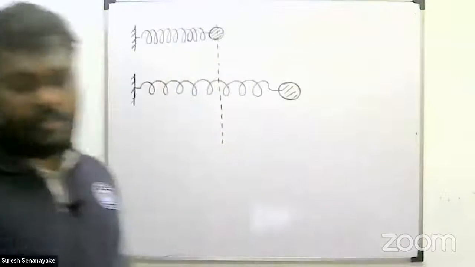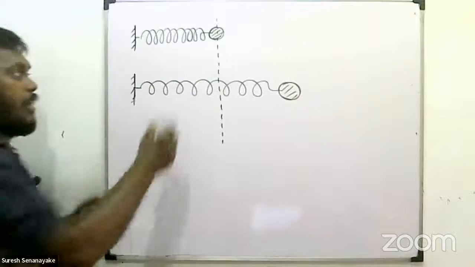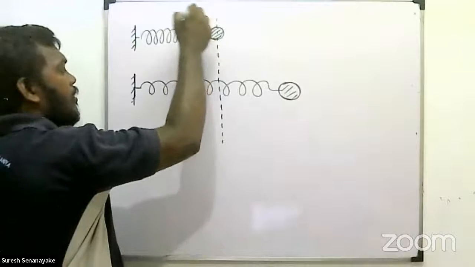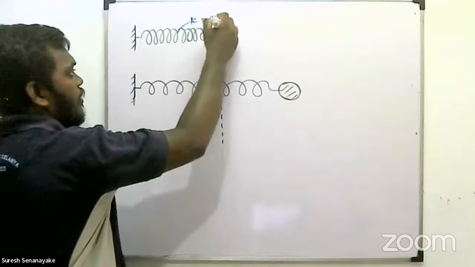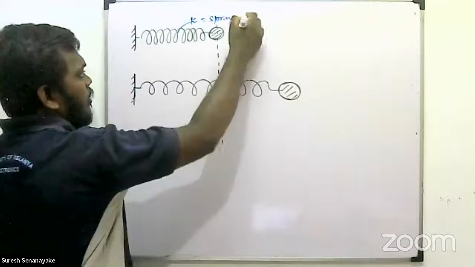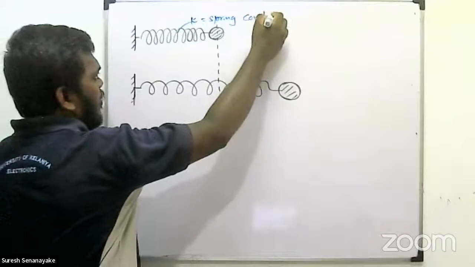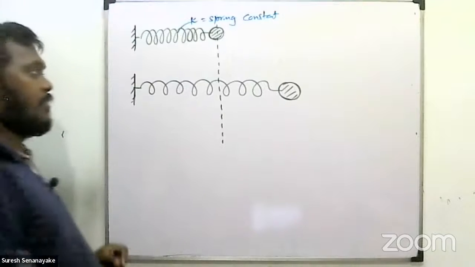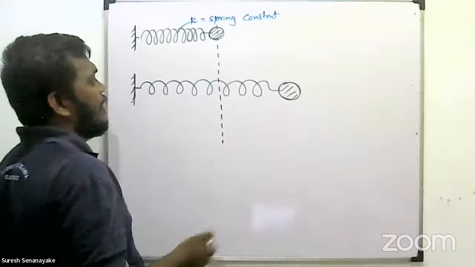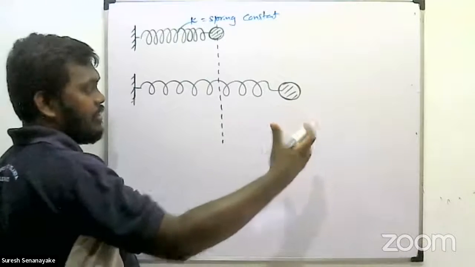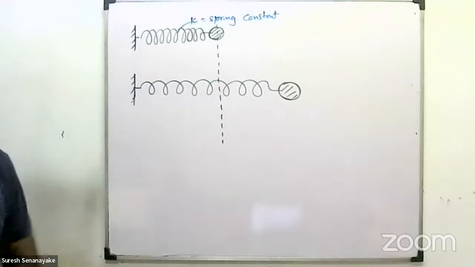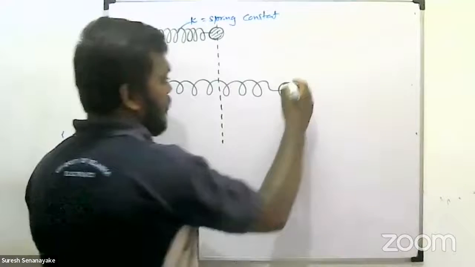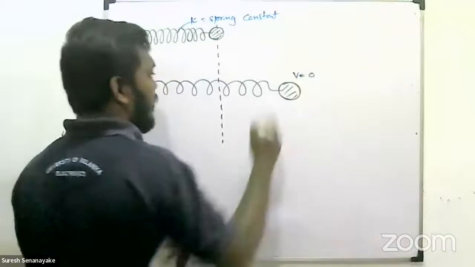Consider that the spring has a spring constant K, so when it is stretched and then released, this is the maximum extension.